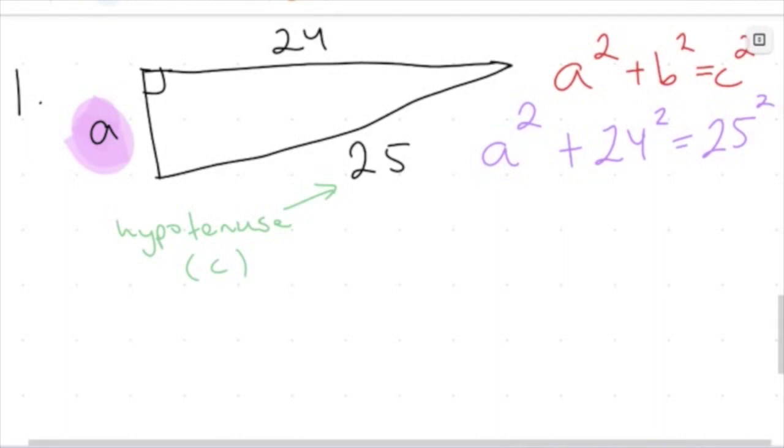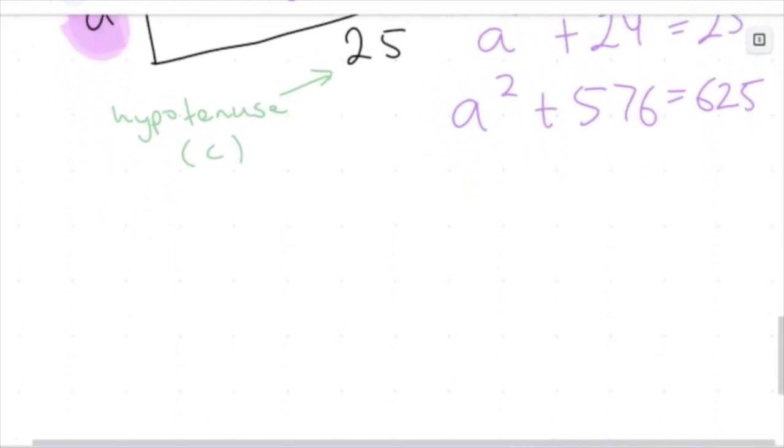And we want all the other numbers, all the other pieces of information on the other side of the equals sign here. So let me first just write out what each of these square numbers equal. I have A squared plus 24 squared is like saying 24 times 24. That gives me 576. And 25 squared, 25 times 25, gives me 625.